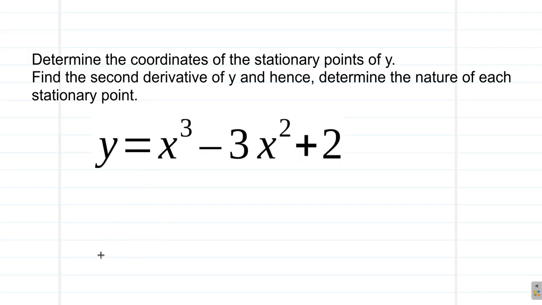suppose this was the graph of the function. The stationary points would be where the gradient is equal to 0. Here the gradient would be 0 because it is horizontal, and right here too would be horizontal.